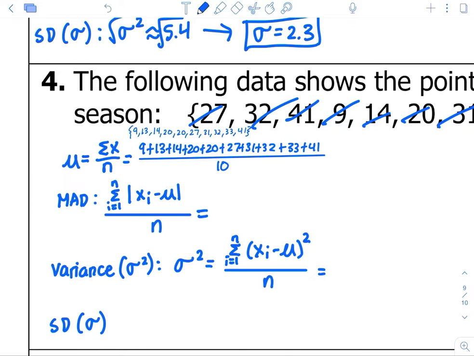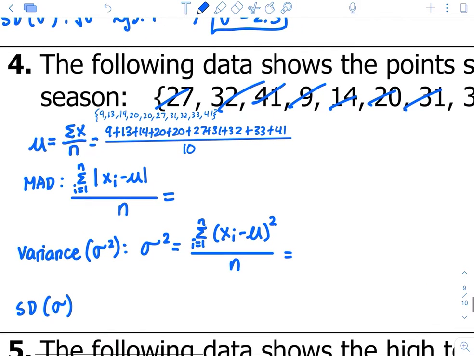There's 10 of them. All right, so put this in your guys' calculator. You got 240, all divided by 10, which is 24.